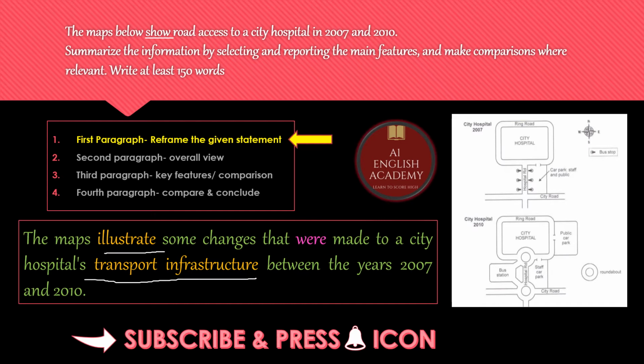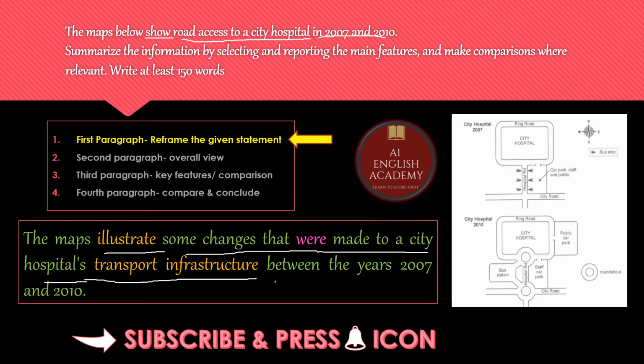So it shows road access to a city hospital. I have changed it to some changes that were made to a city hospital's transport infrastructure. Instead of road access, transport infrastructure has been used.